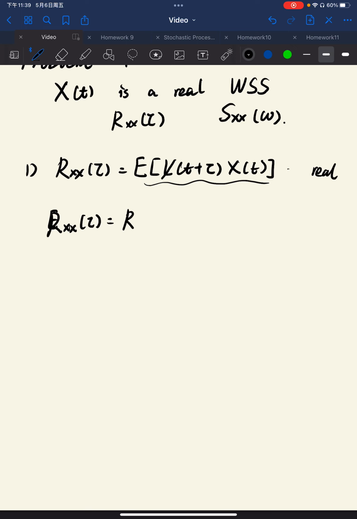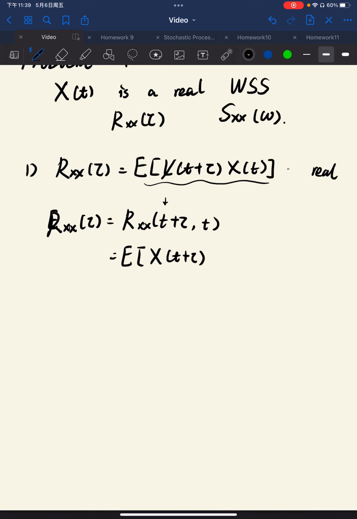Second, this is equal to the autocorrelation between the times t plus tau and t, which equals the expectation of these two.